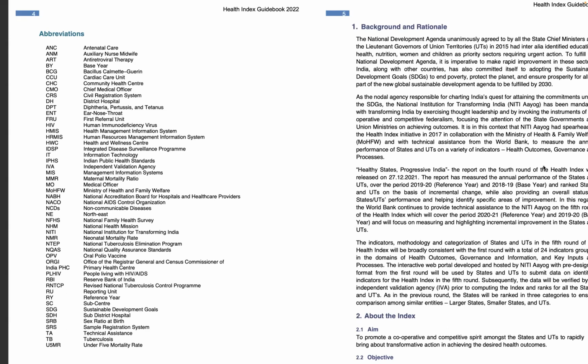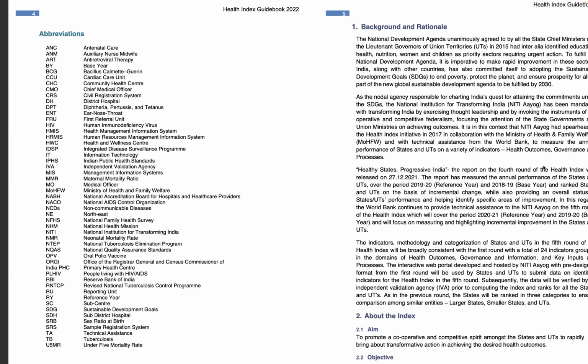Because India is a large country, and we have a different set of states and a different population in each of the states, they ranked all the states and UTs in three specific domains: larger states, smaller states, and UTs.